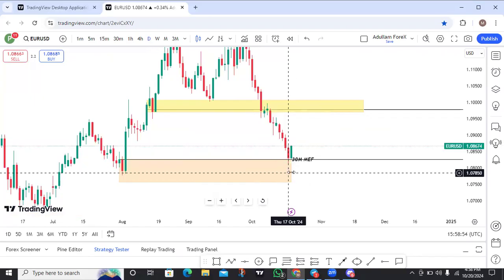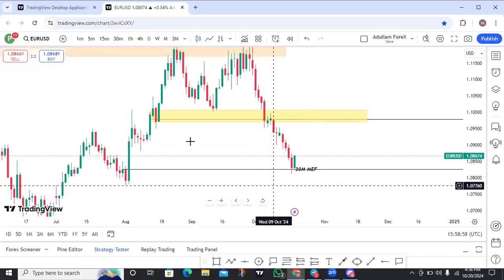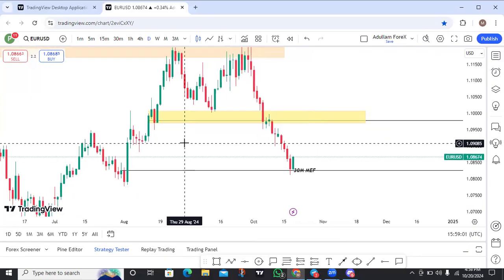This is GBPUSD and EURUSD. I'm going to drop another analysis on AUDJPY, the last analysis I dropped. A lot of things are still happening there, so I'm going to do a separate video. Today, Sunday, I have time for you, so I can use today to review those analyses for you to learn from and improve on your own.